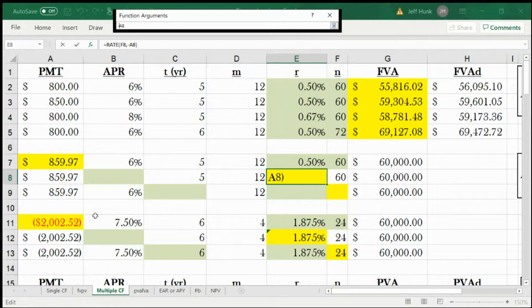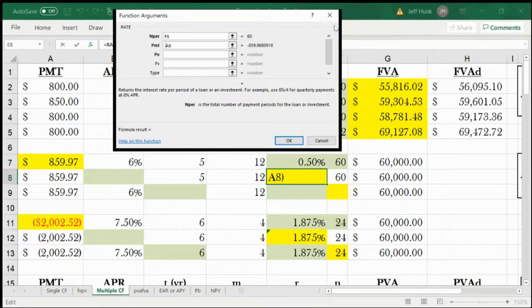Without putting it into a red font or parenthesis, this looks more natural, and you can simply make that adjustment in the menu in the dialog box of the function. You can turn it into negative. Okay, so there you go, negative.